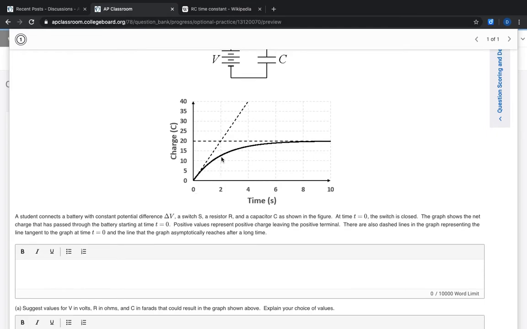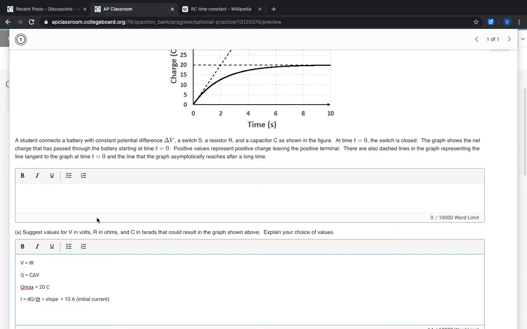And if you look at this graph here, 12.64 happens right around 2 seconds. So the time constant, tau, is equal to 2 seconds. The time constant is useful because that is equal to R times C.